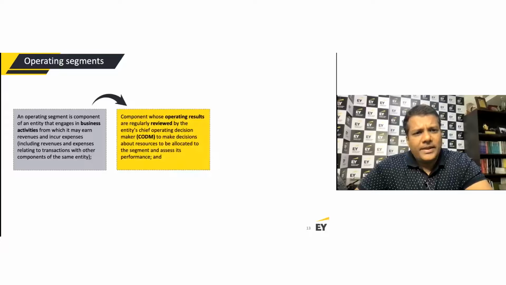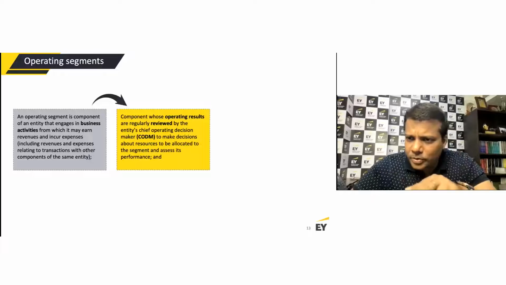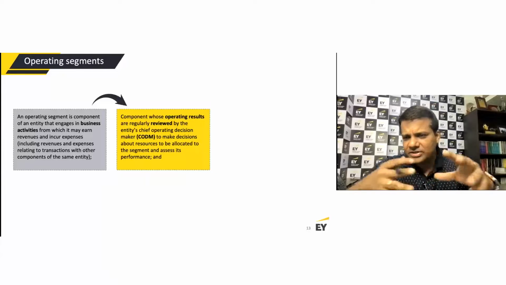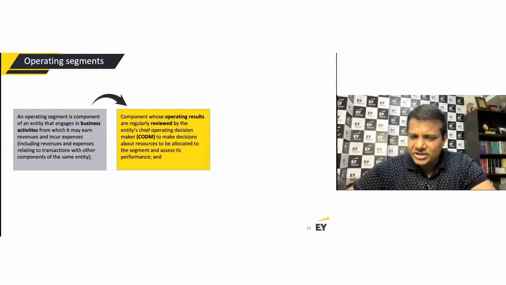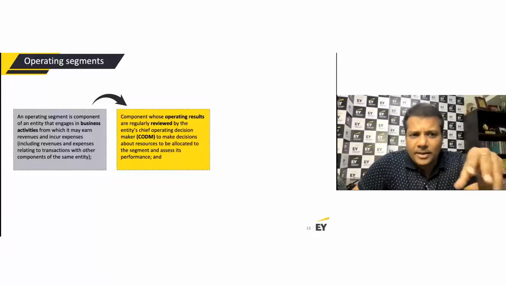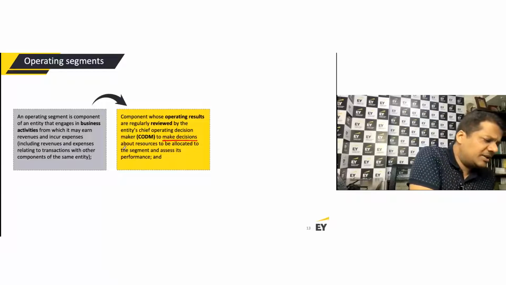The first condition was that it's a component with a business activity that results in earning revenue and incurring cost. That's condition number 1. The second condition is that the component's operating results are reviewed by the CODM to make decisions about resources to be allocated to the segment and assess its performance.